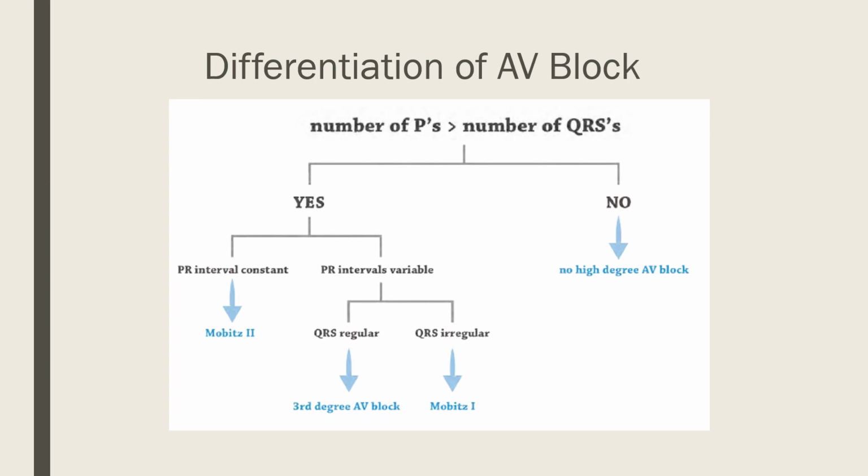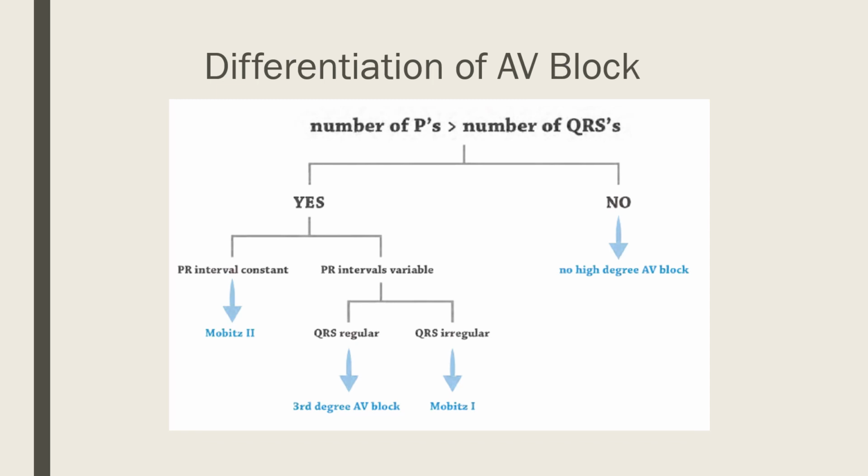Either the PR interval is constant, this is Mobitz type 2, or the PR intervals are variable: if the QRS complexes are regular, this is third degree AV block, and if the QRS complexes are irregular, this is second degree AV block, Mobitz type 1, which is the Wenckebach phenomenon.